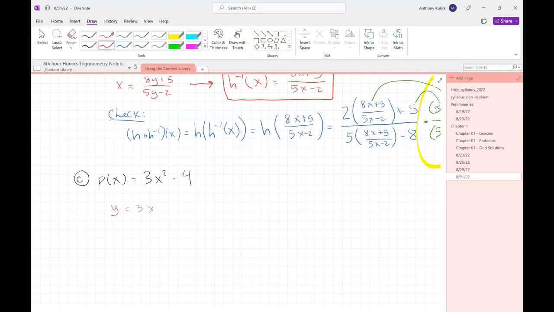But because it's not a function, what am I going to expect to see in here? Probably a plus or minus at some point, right? I think in section 1's homework, we saw that oftentimes if you got the y by itself and you end up with a plus or minus, you weren't getting a function. All right, so we'll add 4 to both sides, divide both sides by 3, square root both sides.